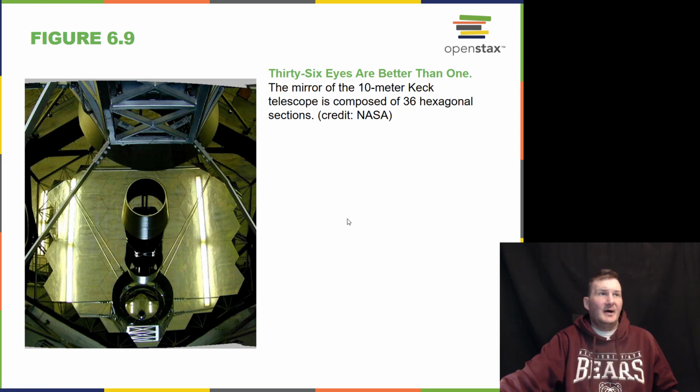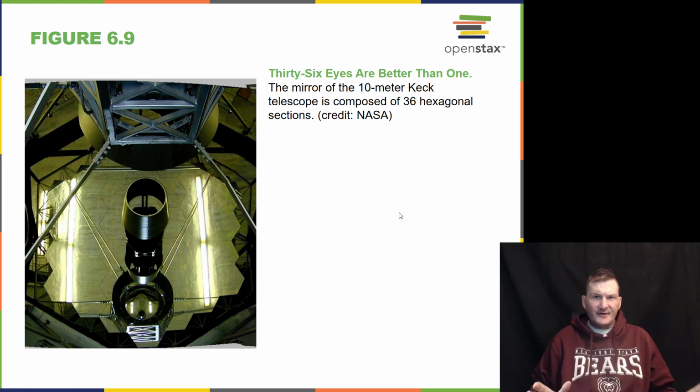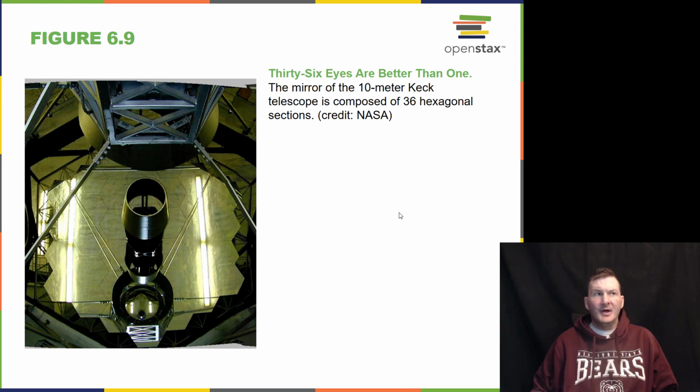So how can you make a big telescope even bigger? Well, the mirrors need to be made of glass. But glass is very heavy if you make it big enough to support a mirror on a telescope. So instead of making one humongous 10 meter or 400 inches wide mirror with glass that would have to be feet and feet thick to hold that mirror up, you can make segments of a mirror.